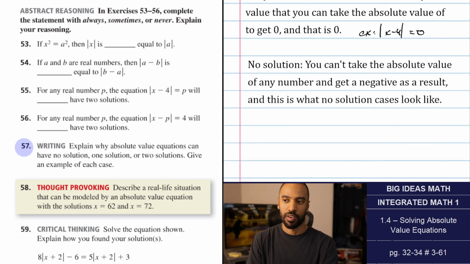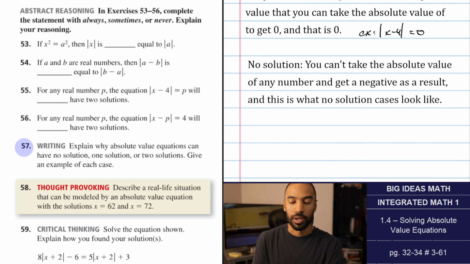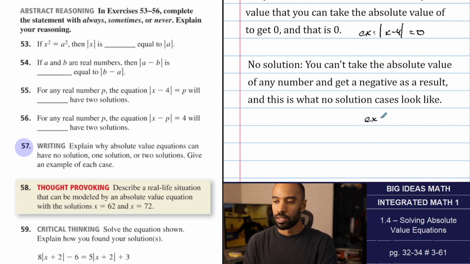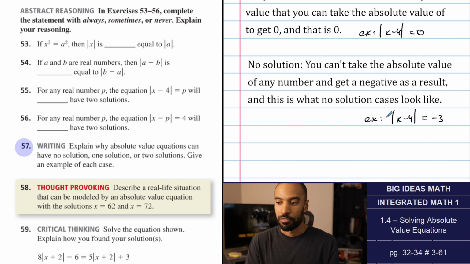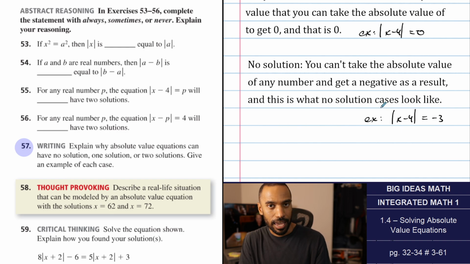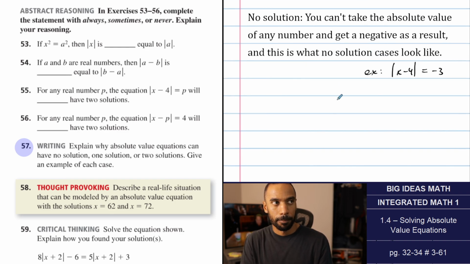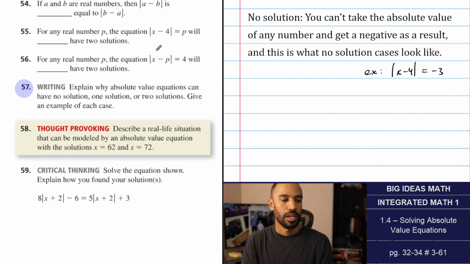So this one, absolute value of x minus 4 equals, how about negative 3? Can't take the absolute value of something and get a negative, so it's just not going to work out. Now, if this was negative out here, that's a different story, because we don't have this thing by itself yet. All of these things are under the guise of having the absolute value by itself on its own side of the equation.